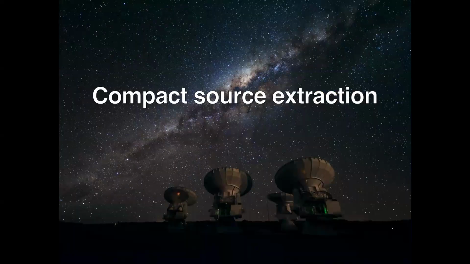So coming now to the more scientific and technical part of my talk, I will briefly explain the procedure that we developed for the compact source extraction, to extract and identify the compact cores within the clumps to study their properties.